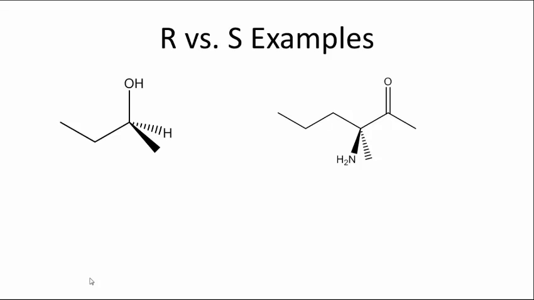So the response was, if there's a carbon with 4 different groups. But what visually about the molecule will make the asymmetric carbons jump out at you?